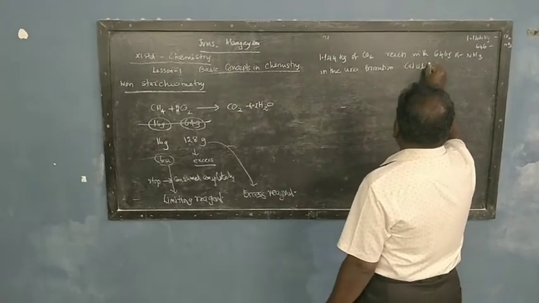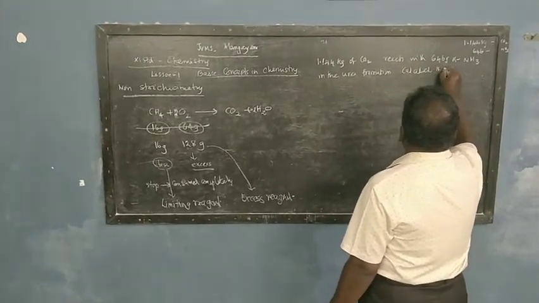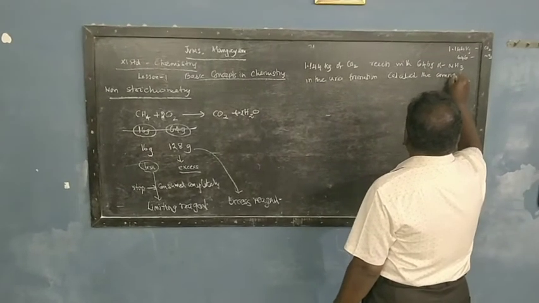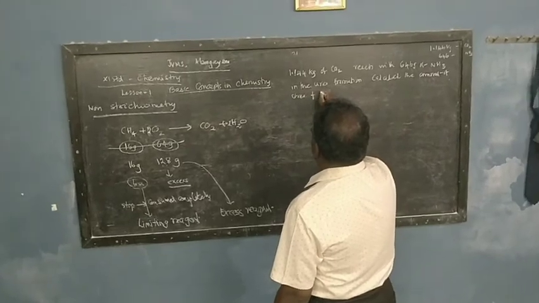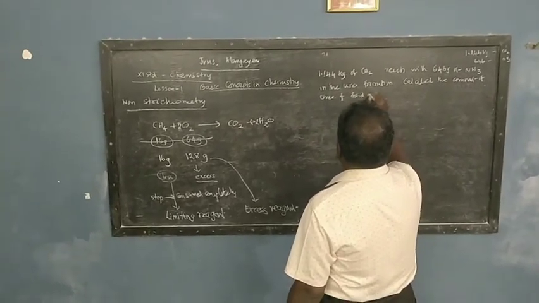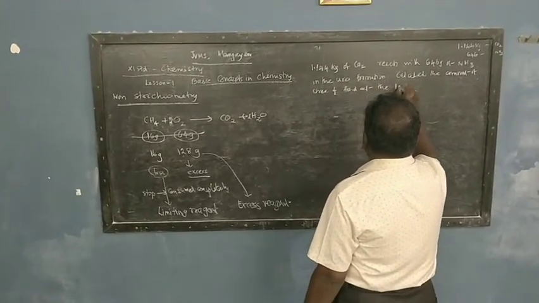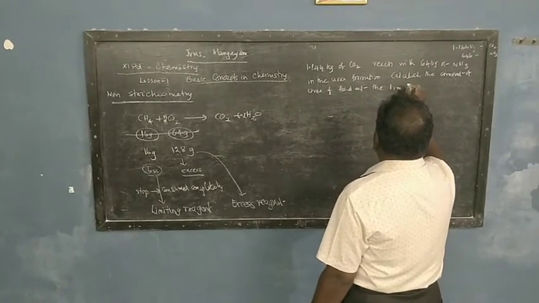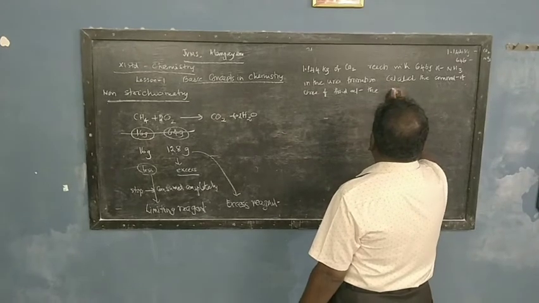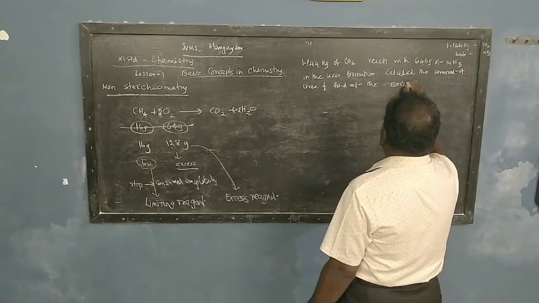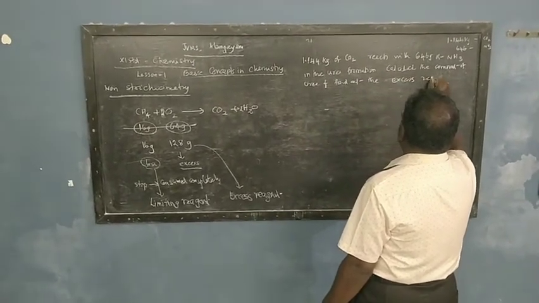Calculate the amount of urea formed and find out the limiting reagent. Find out the excess reagent. So ரெண்டுத்துல எது வேணாலும் கேட்கலாம்.